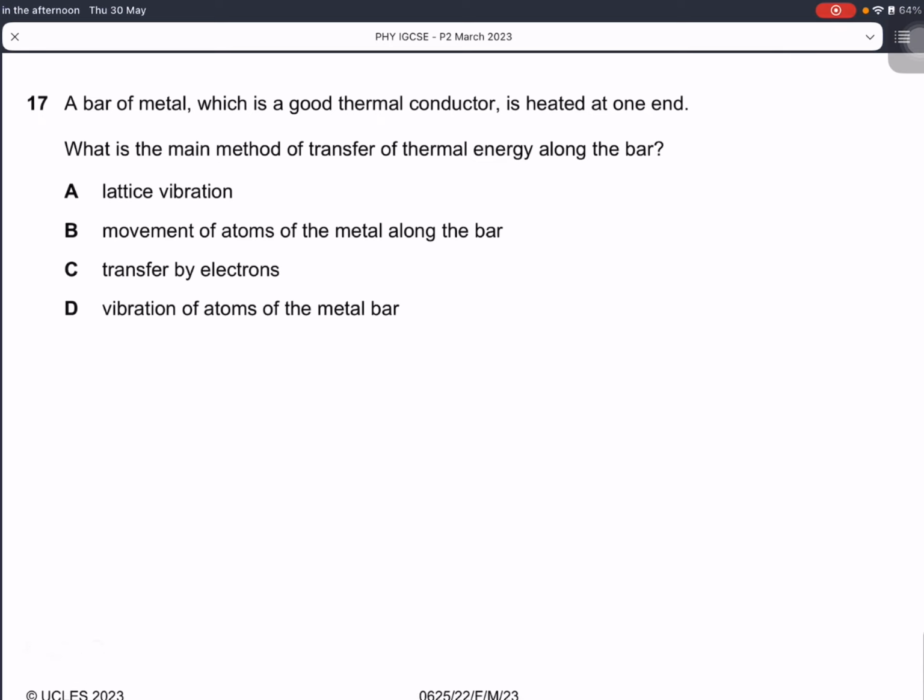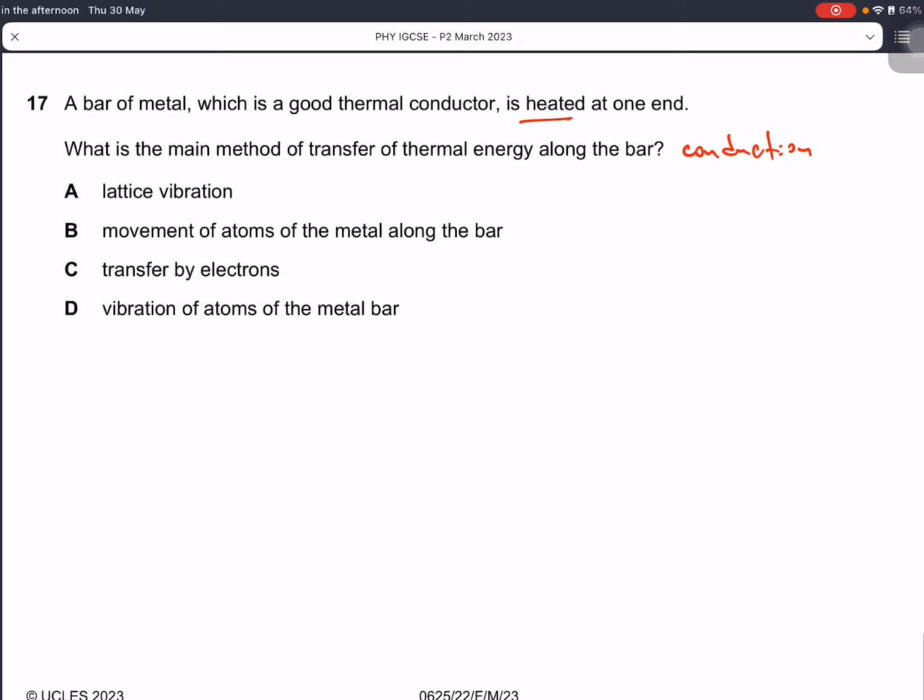A bar of metal, which is a good thermal conductor, is heated at one end. What is the main method of transferring thermal energy along the bar? So it's heated, this is definitely the conduction method here, yeah? It's about conductors. You may think in terms of electricity, guys.